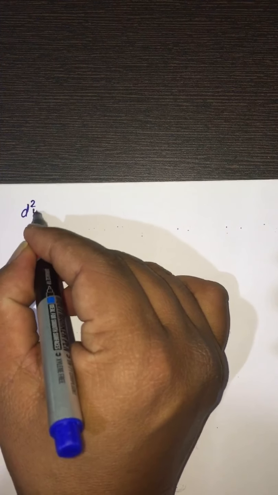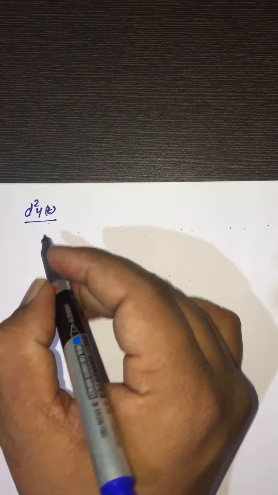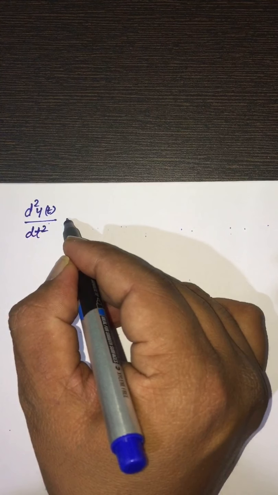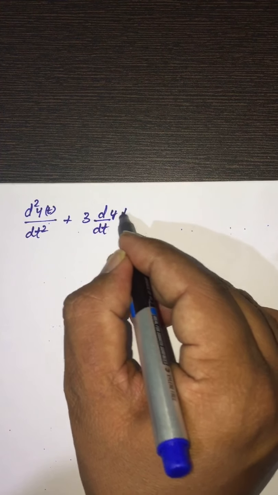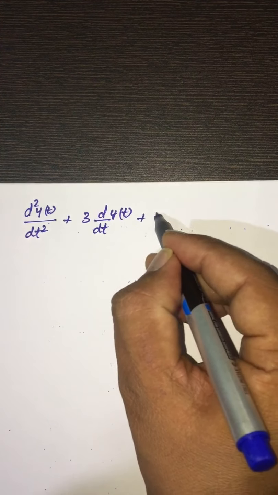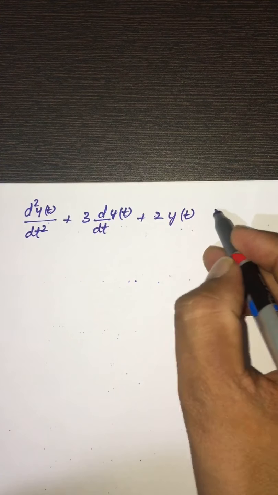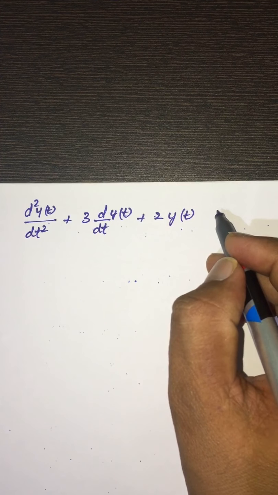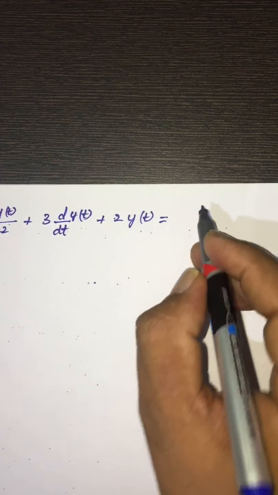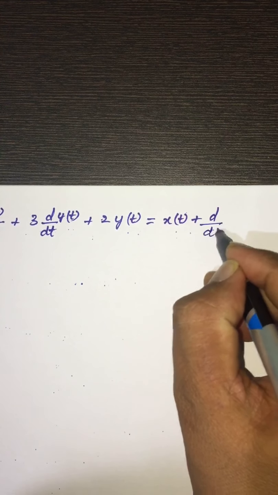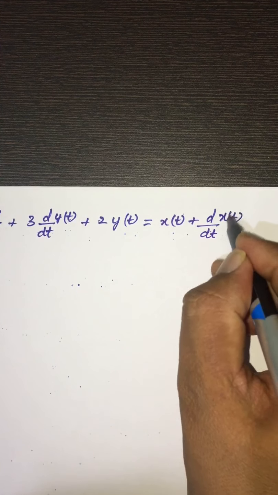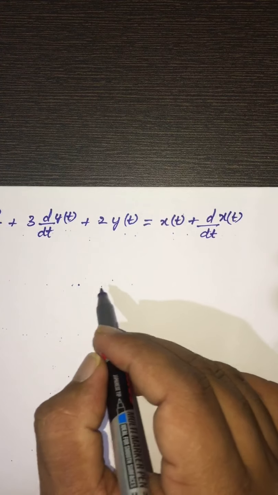Find the natural response of the system described by the differential equation d square y of t divided by dt square plus 3 into d by dt of y of t plus 2 into y of t is equal to x of t plus d by dt of x of t. Now this is the given question.